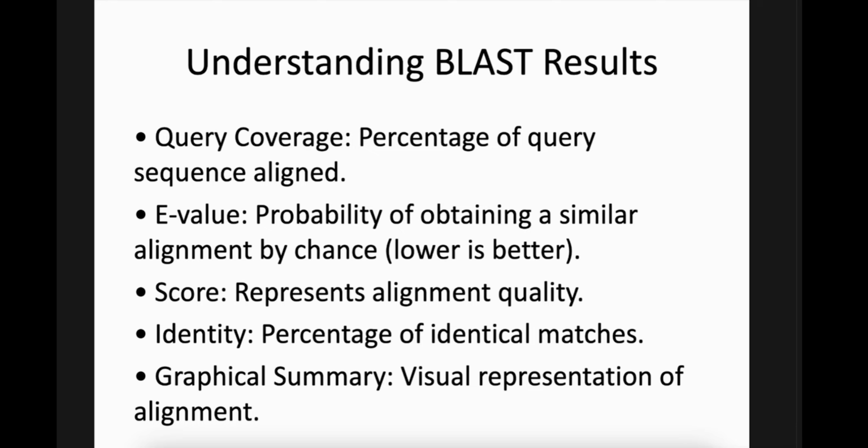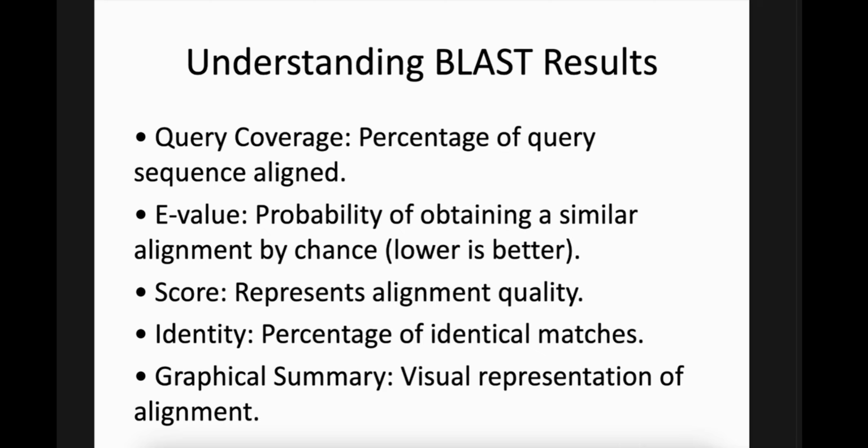Now let's quickly run through the points that we will be covering on analyzing this result from the previous demonstration that we saw. First, query coverage, that is the percentage of query sequence aligned, and e-value, that is the probability of obtaining a similar alignment by chance. Lower the e-value, better. It means 0.